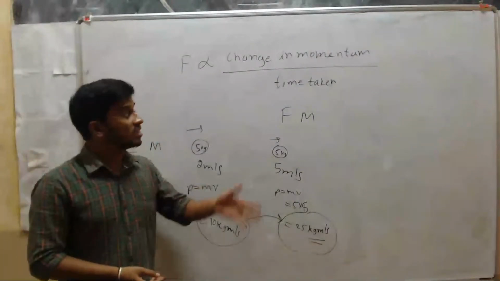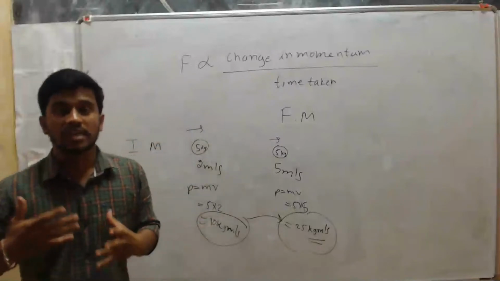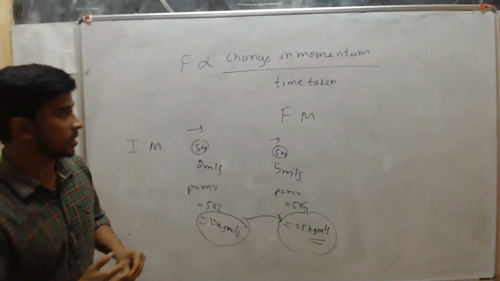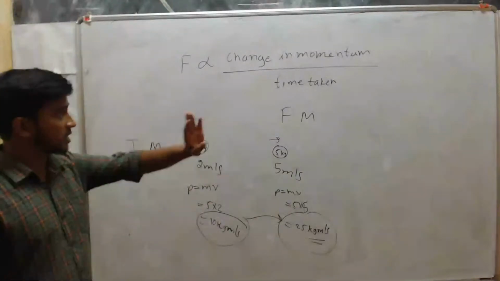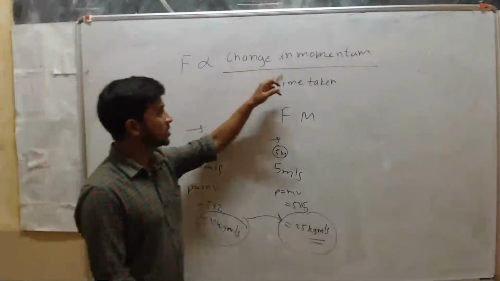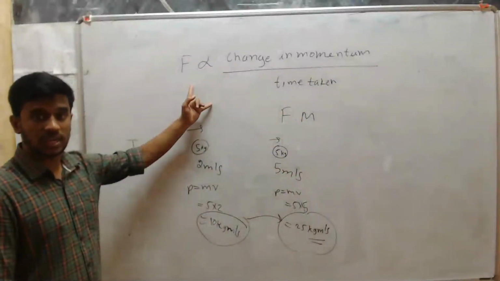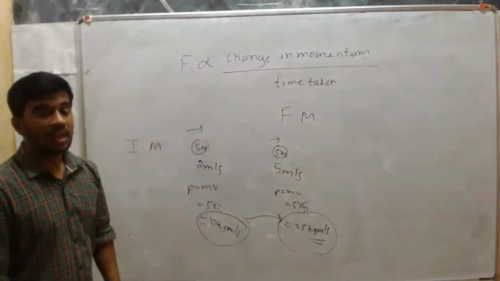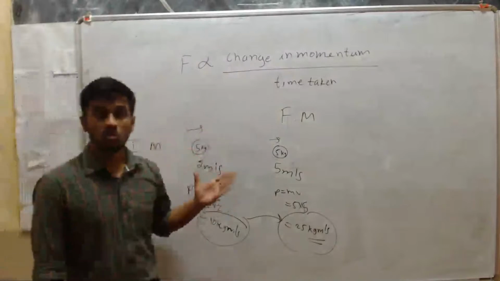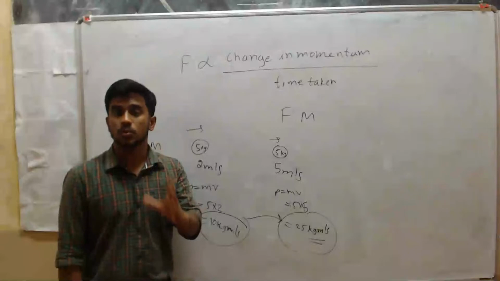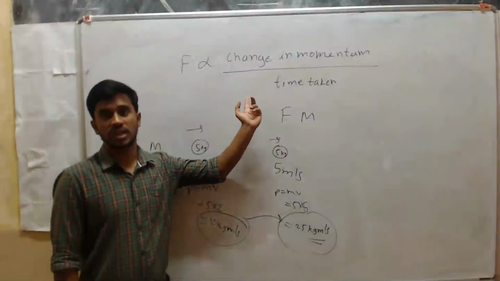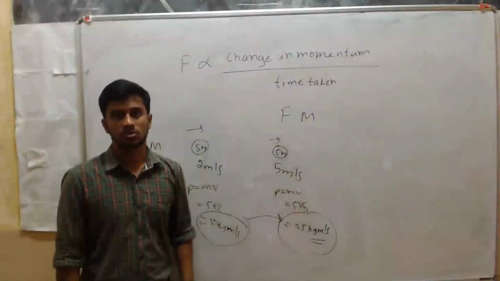So on this basis, now we can state the second law of motion. What is the second law of motion? Just to understand the concept, the momentum changes in a given time because of force, right? So we can clearly say that the rate of change of momentum is directly proportional to the applied force, in the direction of the application of force.